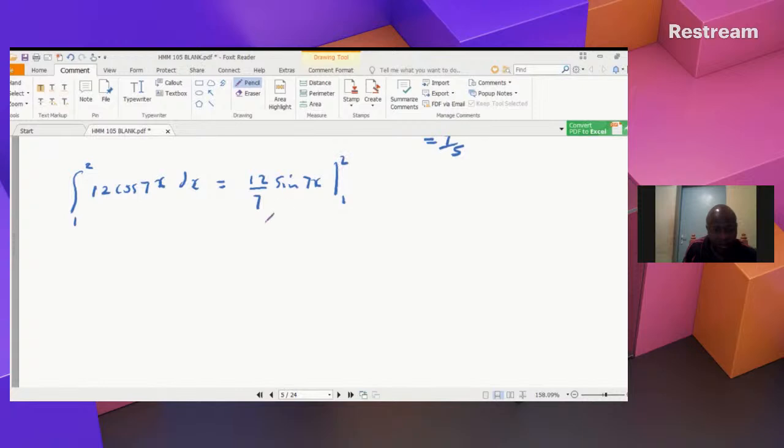So what does this mean? This means 12 out of 7 sine of, let's put the upper limit, 7 times 2, minus 12 out of 7 sine of, let's put the lower limit, 7 times 1.